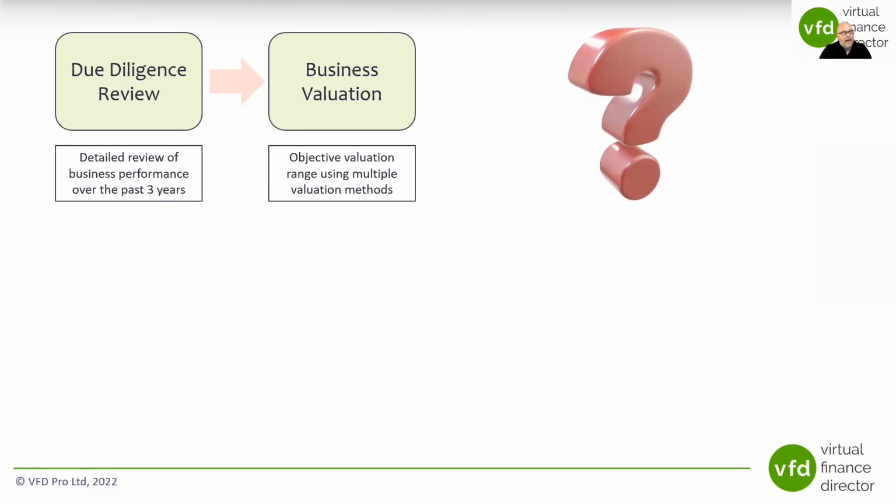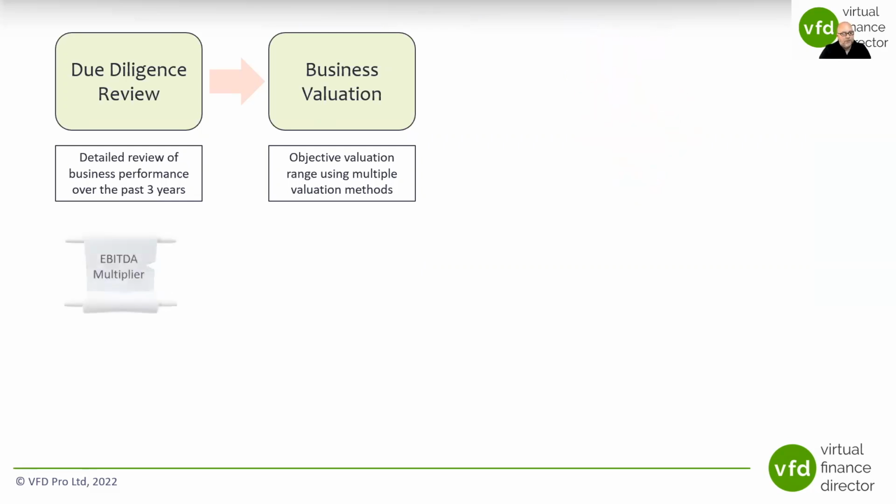So, how do I value a business? We've got a few different methods that we look at, which all are designed to come up with a range of valuations. The first one we've got is the EBITDA multiplier. This is probably the most commonly used in SMEs to get a guide, based on EBITDA, based on a multiple which is relevant for the industry.